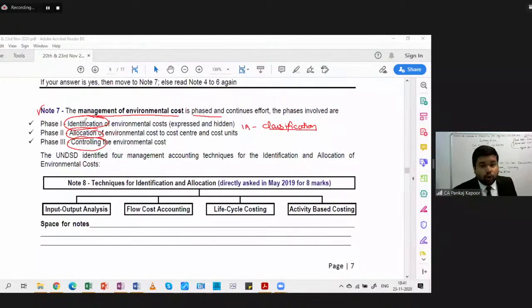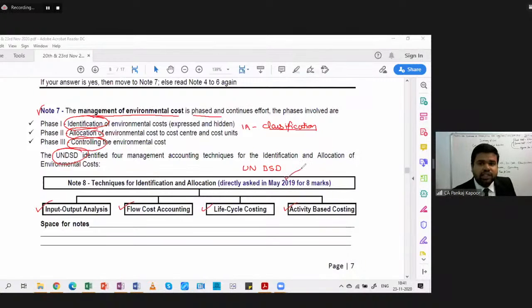In order to identify and allocate, we have 4 methods, which are suggested by the United Nations Division for Sustainable Development, UN DSD. And you will be surprised to know this.